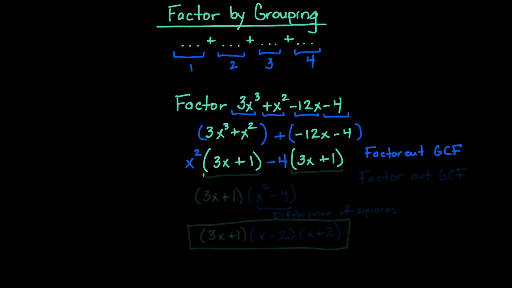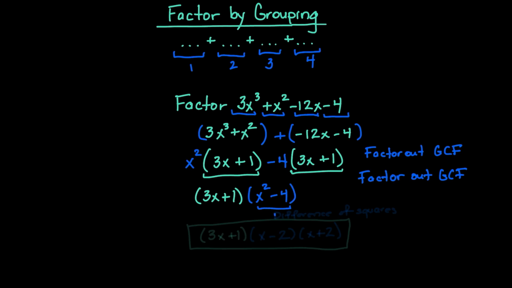Both of my terms have a common factor of 3x plus 1. So we're going to again factor out the GCF. So we factor out 3x plus 1. When I divide it out of my first term, I'm left with x squared. And when I divide it out of my second term, I'm left with -4. I stop.